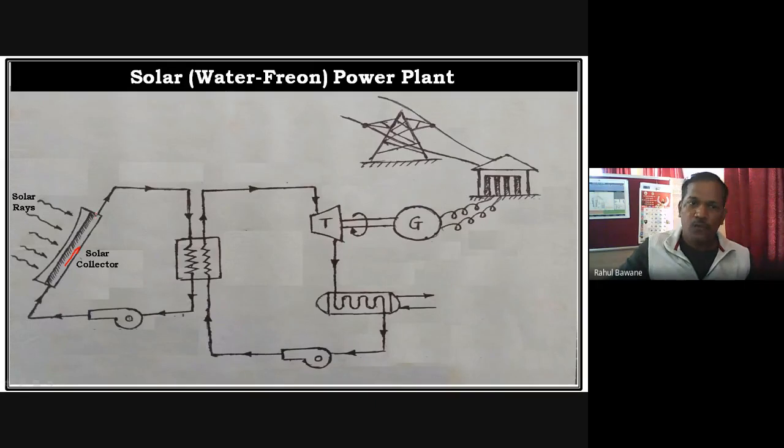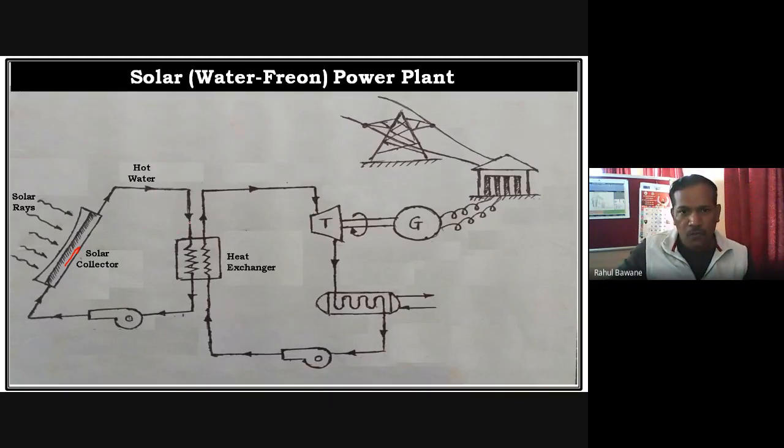And this hot water, obviously it is a solar collector, a water heater, so it is not going to produce steam, it is just heating that water. And suppose that heated water will reach 80 degrees centigrade. So this high temperature water, heated water, is then passed through the heat exchanger.